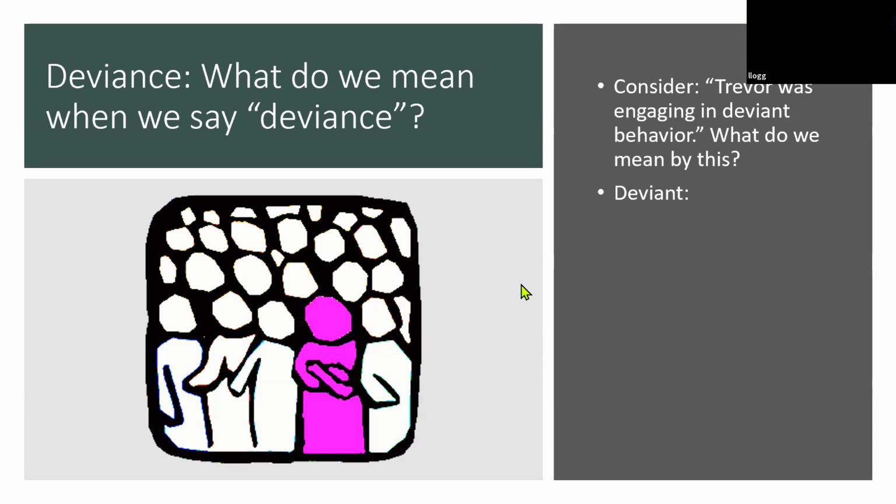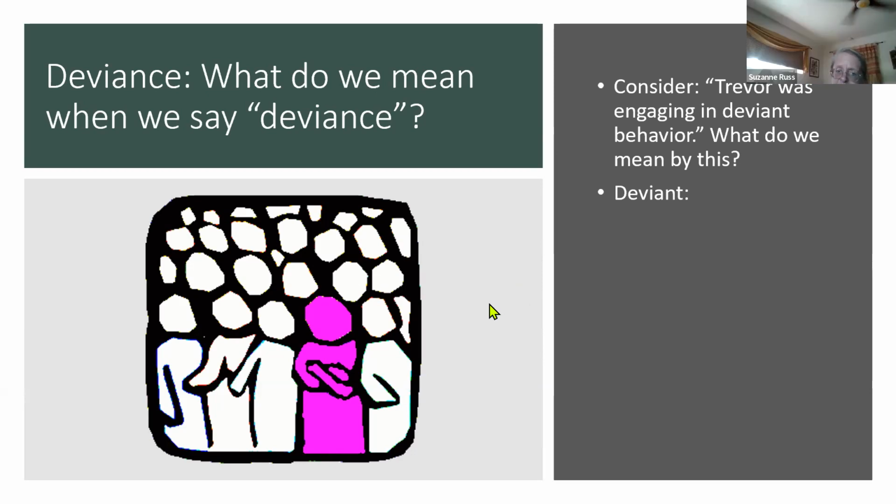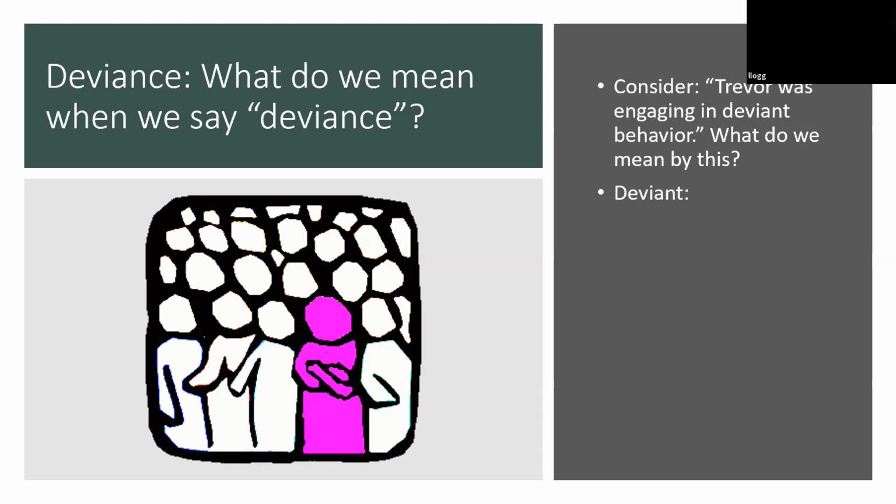Opposite? Okay, opposite, different. Opposite to what? Opposite to a group, or opposite to the group. All right, so differently from the group. Okay, good. If we use this in a school, what kinds of things might Trevor be doing, do you think?